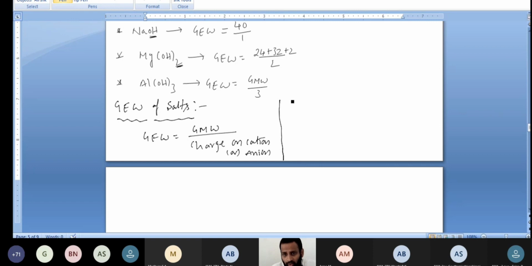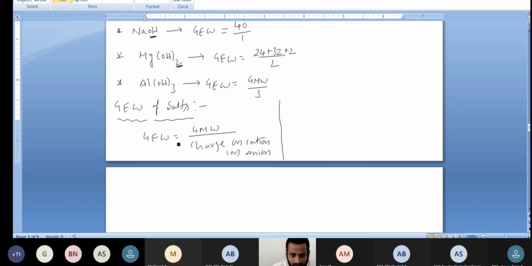Yesterday itself I told you what charge we will consider. No need to bother about what happened in class yesterday, but today if you listen carefully you can understand, because today I am giving all examples. Charge means you need not consider the sign. You have to consider only the number. If -2 is there, the number is 2. That will be the valency.